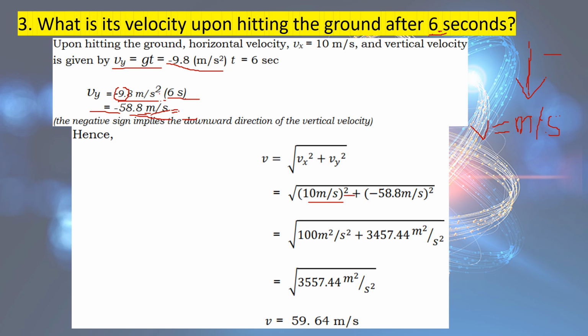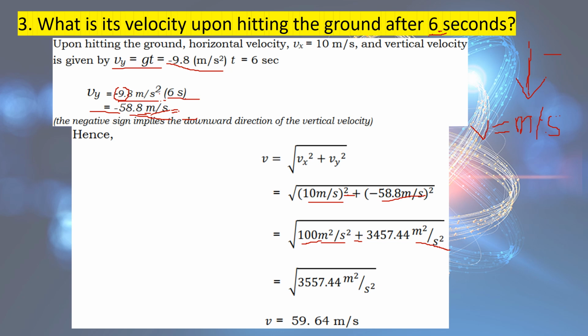So 10 times 10 is 100. Then distribute the square, that's meter squared per second squared. Plus, on this side, multiply 58.8 by itself. So 58.8 times 58.8 is equal to 3,457.54, and distribute the square, meter squared per second squared.